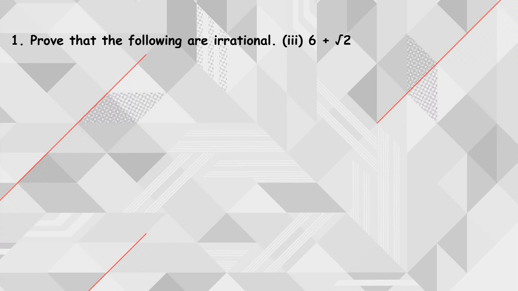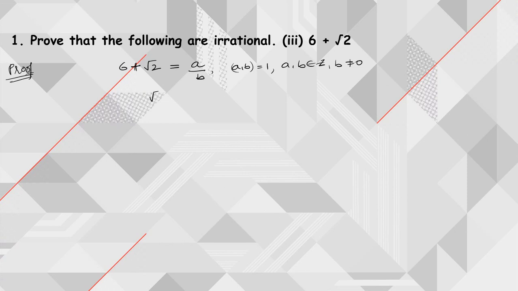Prove that 6 plus root 2 is irrational. So I am going to assume that 6 plus root 2 is rational. So if 6 plus root 2 is rational, I can write 6 plus root 2 is equal to a by b, where the HCF of a, b is equal to 1, a, b belong to integers and b is not equal to 0.